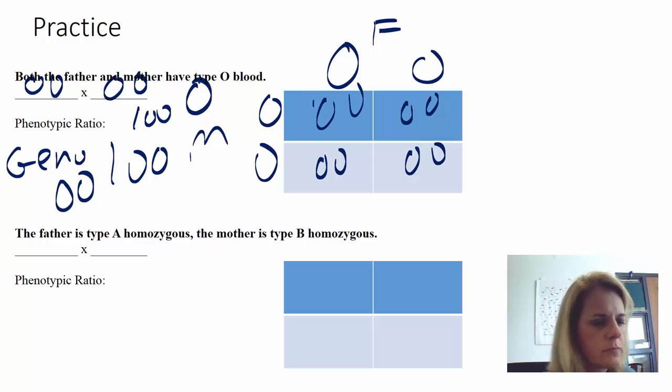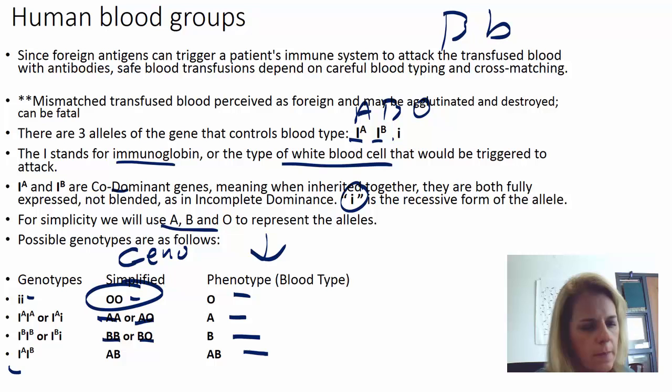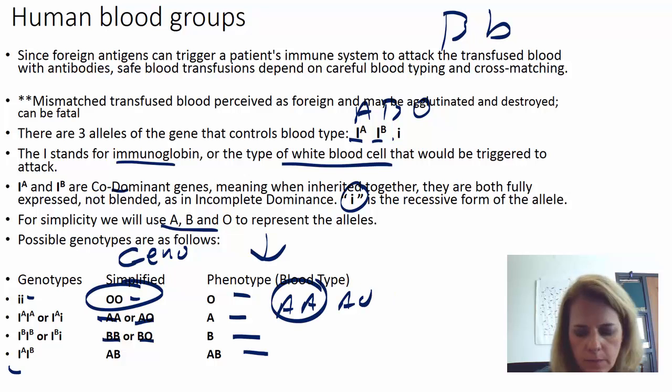All right. Let's say the father is type A homozygous and the mother is type B homozygous. So let's say dad is homozygous for A. So let's go back to our chart. Well, blood type A can be AA or AO. Which one of these is homozygous? That one.